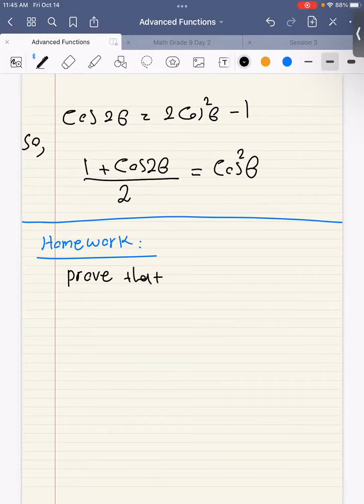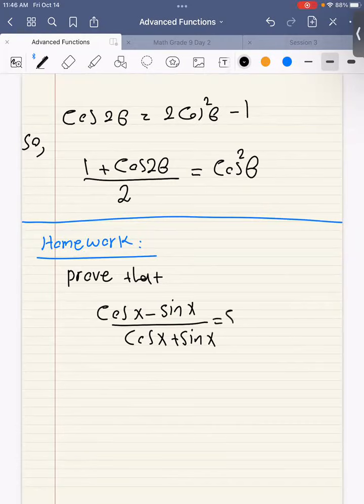Prove that cosine x minus sine x divided by cosine x plus sine x is equal to secant of 2x minus tangent of 2x.